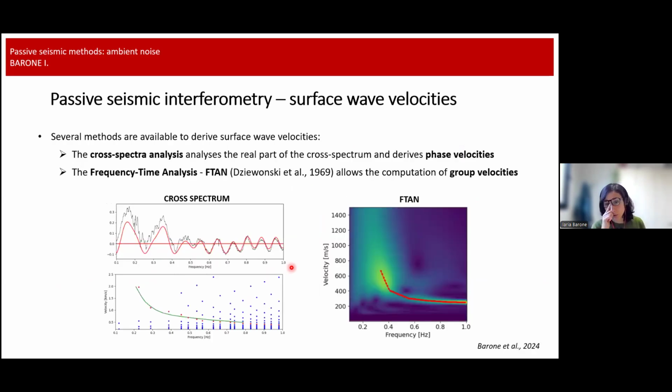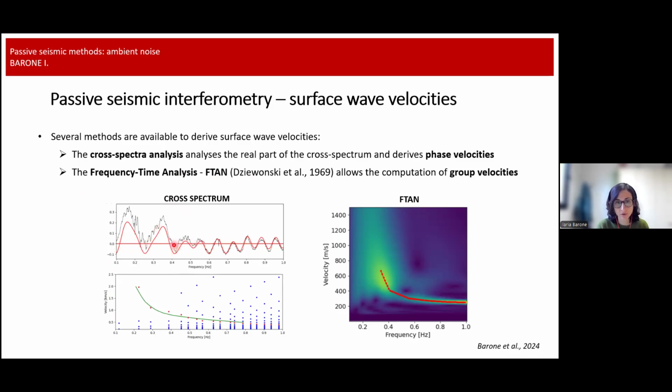We have several methodologies to measure either group velocities or phase velocities from cross-correlation functions. For example, here I name just a couple of methods. The cross-spectral analysis is analyzing the real part of the cross-spectrum, which is the spectrum of the cross-correlation, and derives phase velocities by analyzing all the zero crossings of this function.